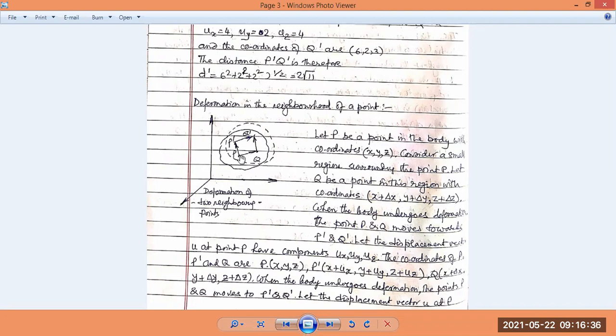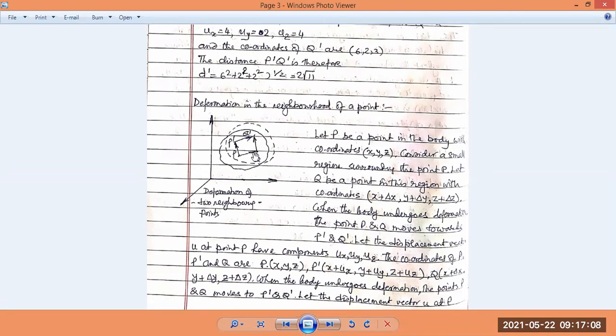So Q also has the components along the x, y, and z axes, with coordinates x plus delta x, y plus delta y, and z plus delta z. Now, due to the action of some external forces, this body is deformed, and as the body is deformed, both these points P and Q change their position.